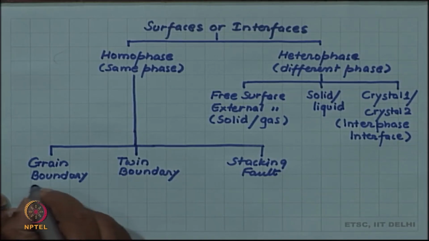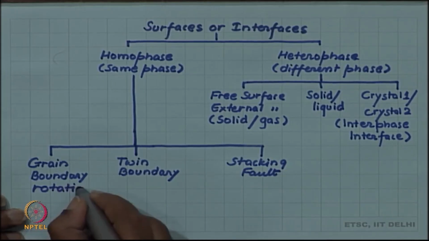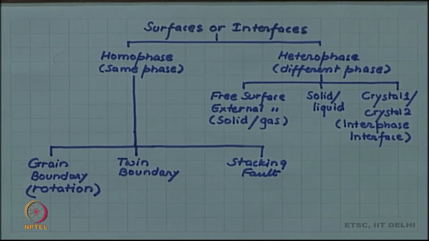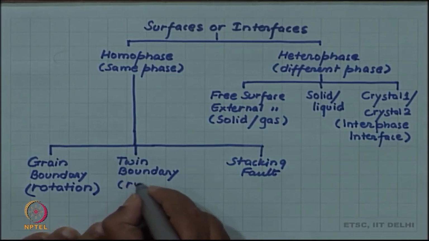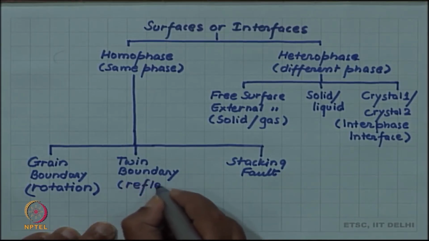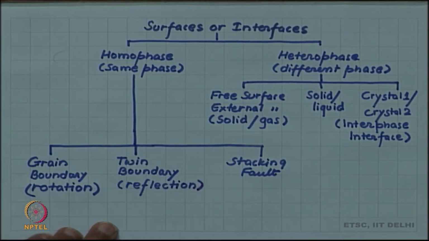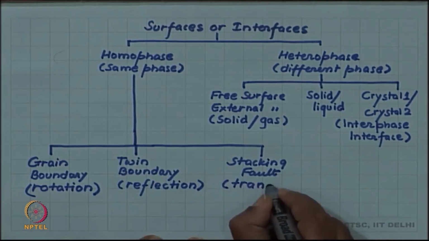What changes? In the case of a grain boundary, the orientation changes, and this is a rotation type. So, the crystal on one side of the boundary is rotated with respect to the crystal on the other side. In the twin boundary, it is a reflection boundary. The crystal on one side appears to be reflected, or a mirror image of the crystal on the other side, and the stacking fault is a translation boundary.